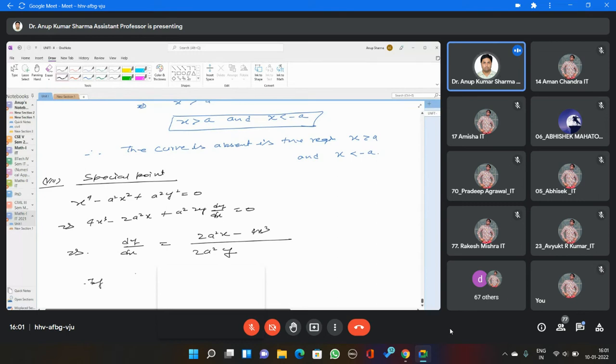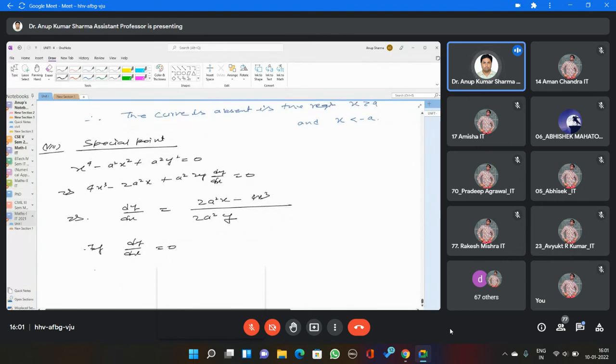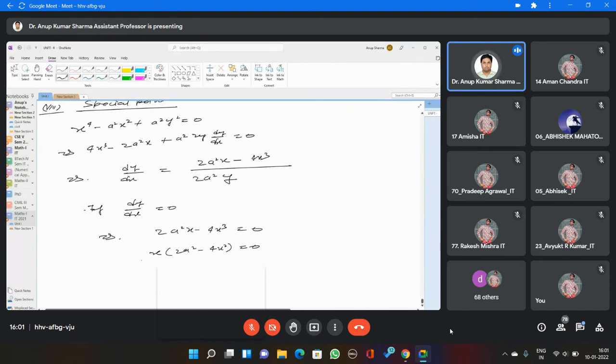If dy by dx is equal to 0, this implies that 2a square x minus 4x cube is equal to 0. That means x times (2a square minus 4x square) is equal to 0. So this gives x is equal to 0 and 2a square minus 4x square is equal to 0.